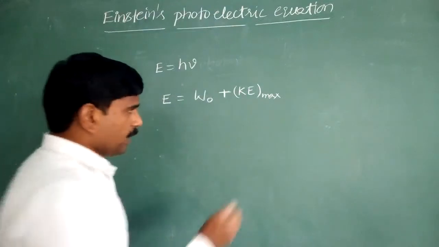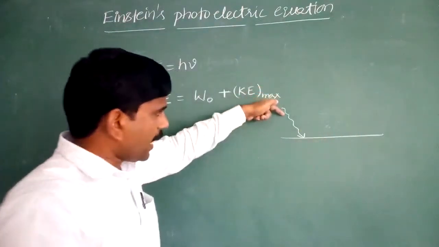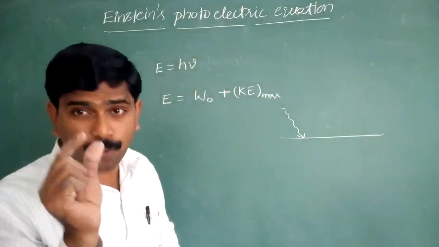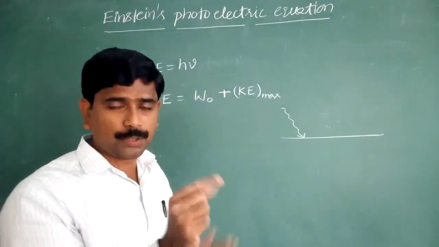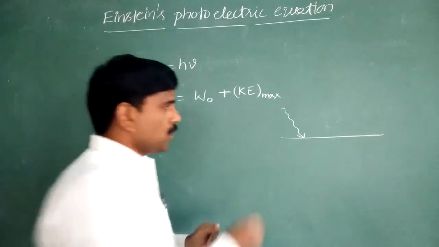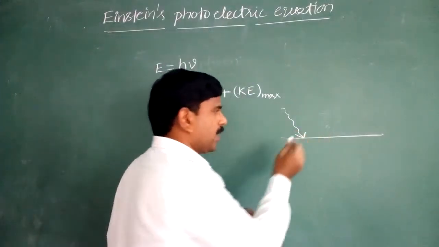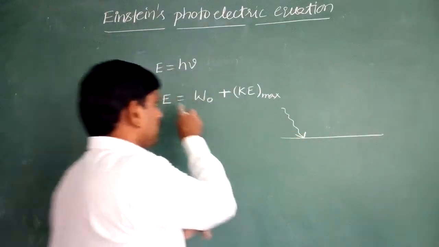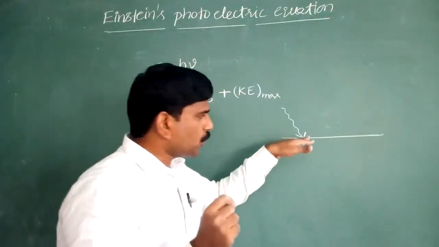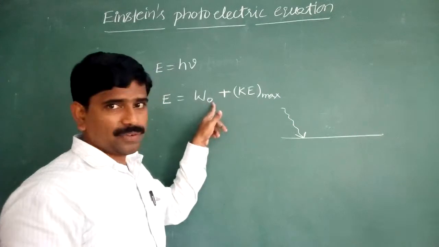When an electron is removed from the metal surface by radiation of frequency nu, that radiation has energy h nu. That means photons of frequency nu have energy E equals h nu. This radiation is incident on the metal surface. Then in that h nu energy, some part is utilized to remove the electron from the metal surface, the work function.